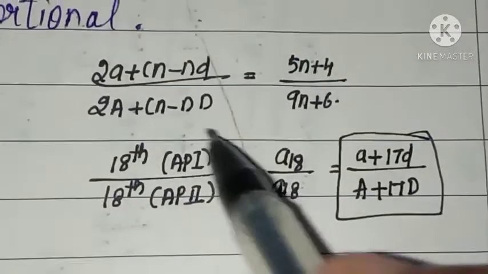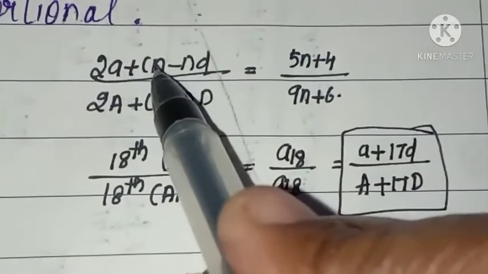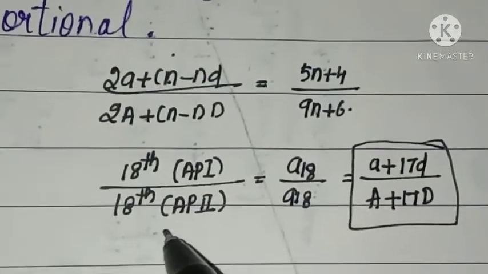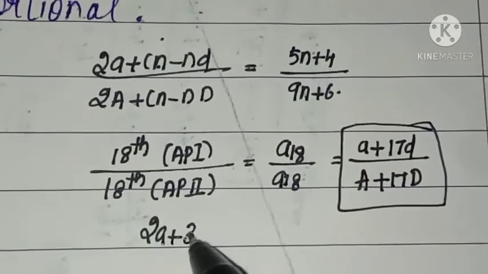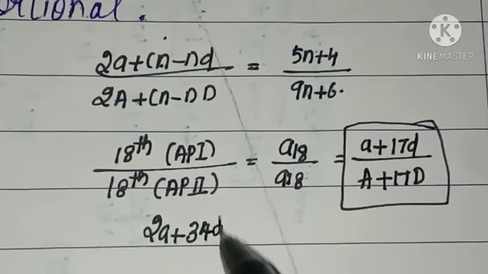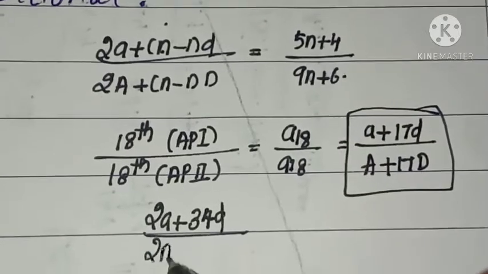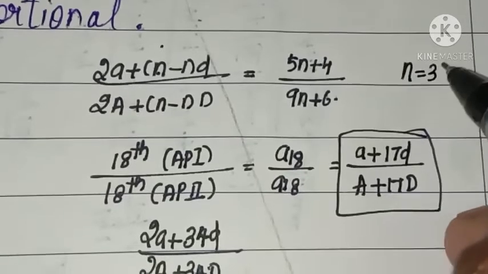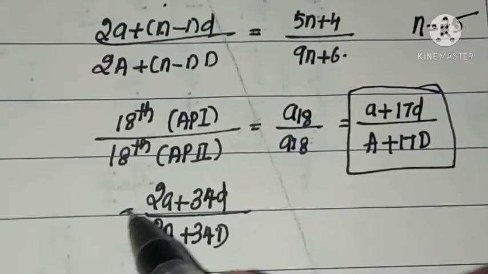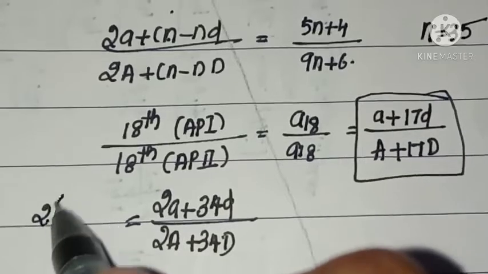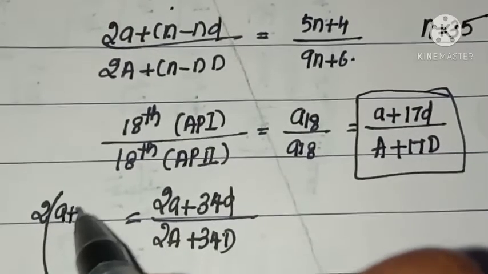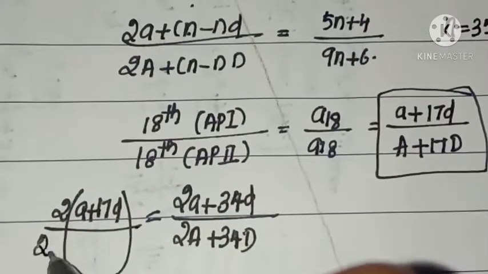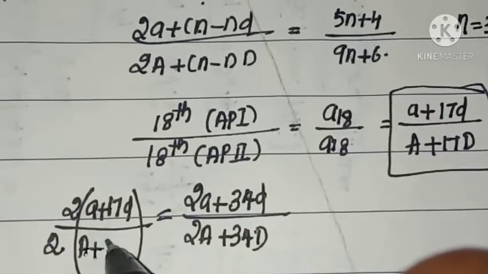So listen, if we put here n equal to 35, what will happen? This becomes 2a plus 35 minus 1, 34d, by 2A plus 34D. Here 2 is common, so take it outside. 2 into a plus 17d by 2 into A plus 17D.